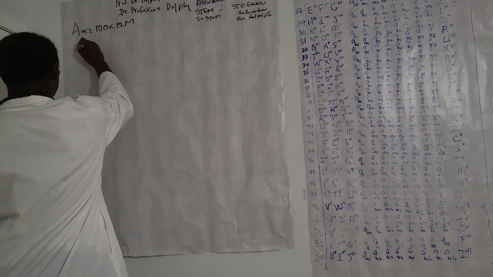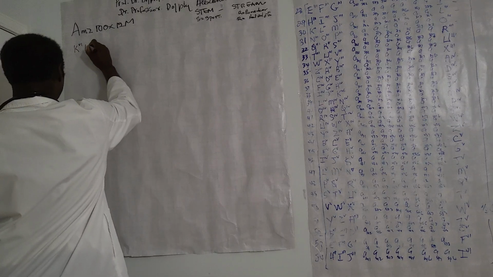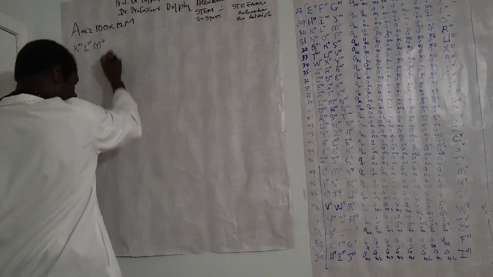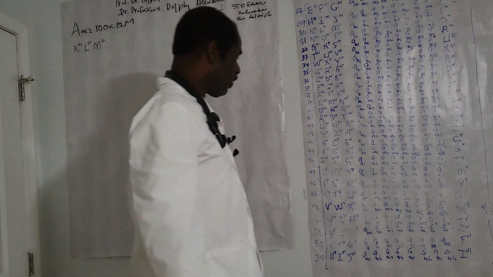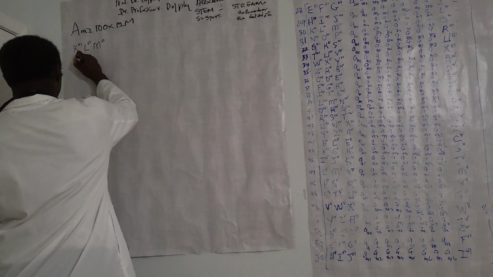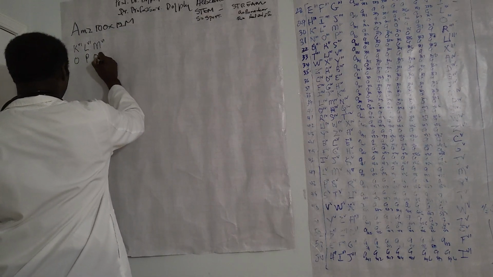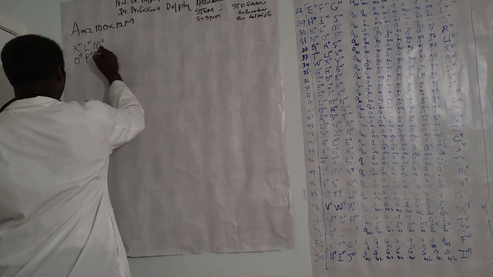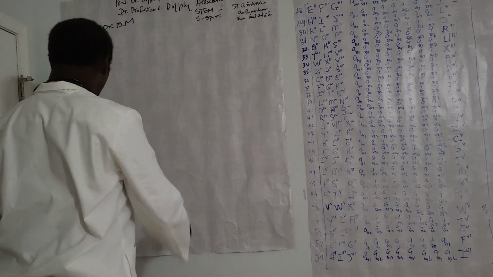K to the 6, L to the 6, and M to the 6, 6 differential order. V1, V1, V1 to the 6 differential order.